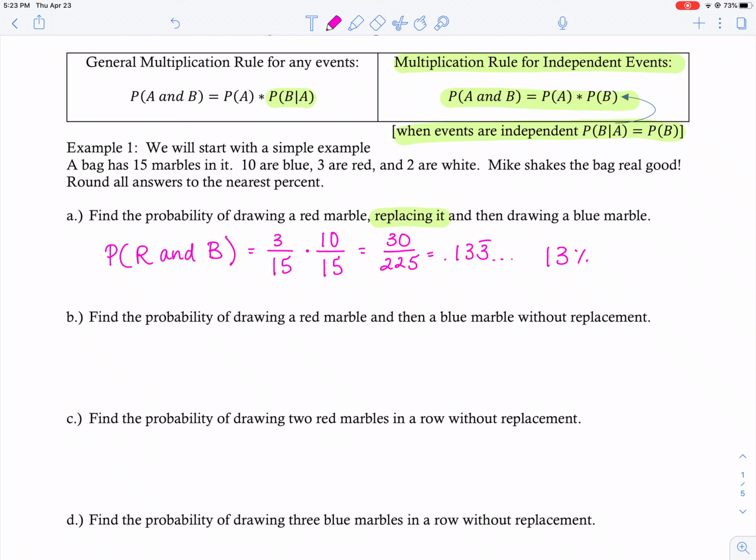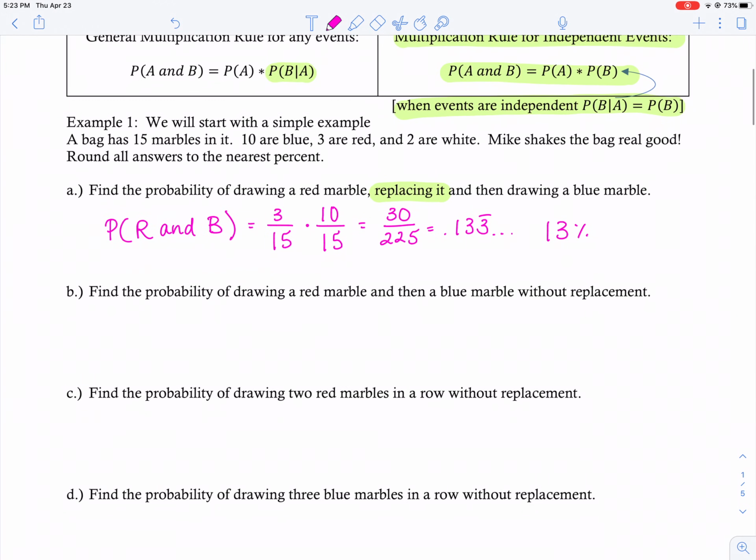Next, they want you to find the probability of drawing a red marble and then a blue marble, but without replacing. So now you're not putting it back in. So the probability of red and blue, but now things are going to change a little. Your probability of picking that first red is still 3 out of 15. So you're starting fresh, a totally new question, but now you have a red marble in your hand.